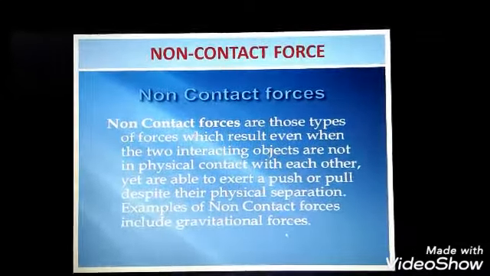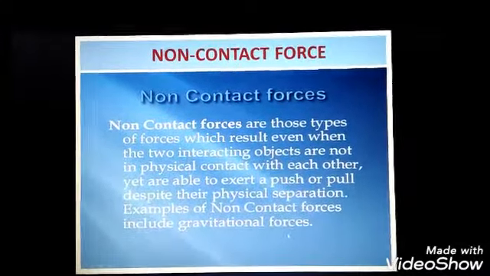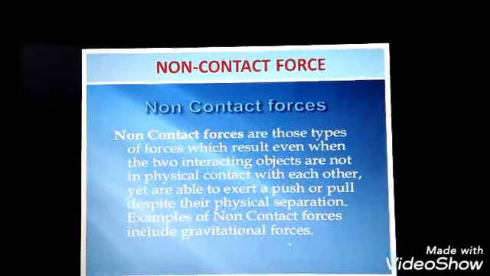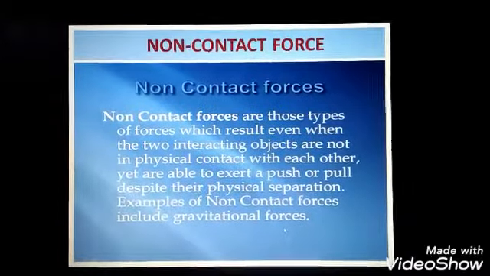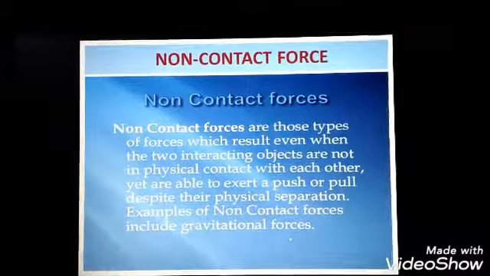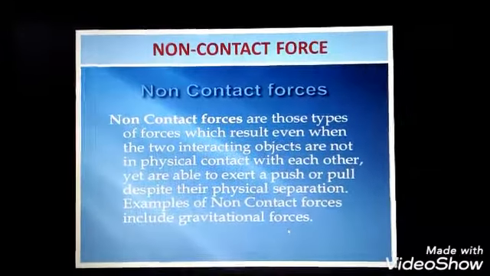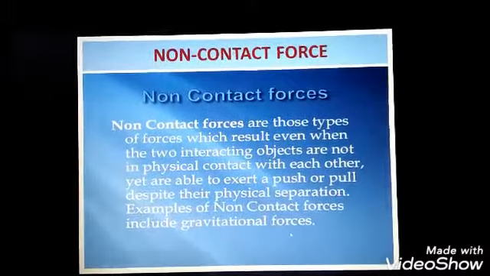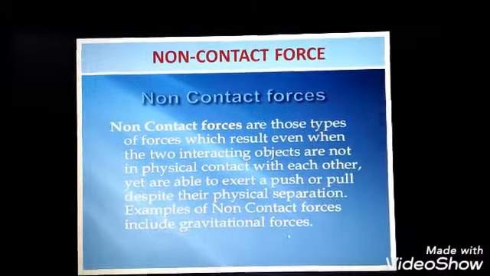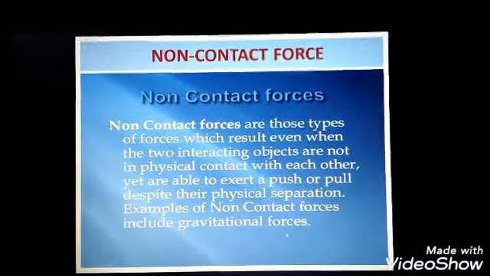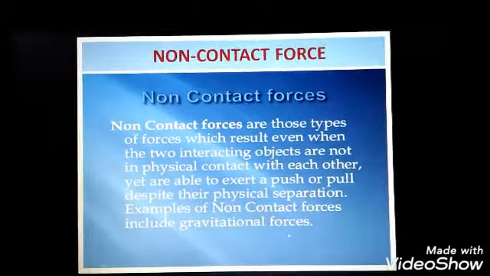We don't see any connection between the fruit and the ground, but still the force of pull pulls all these objects towards the ground. Then we also don't see any connection between two magnets, but still the two magnets can push or pull each other. So these are the various non-contact forces, the forces which act even though there is a physical separation between the objects and there is no apparent contact between them. These forces are called non-contact forces.